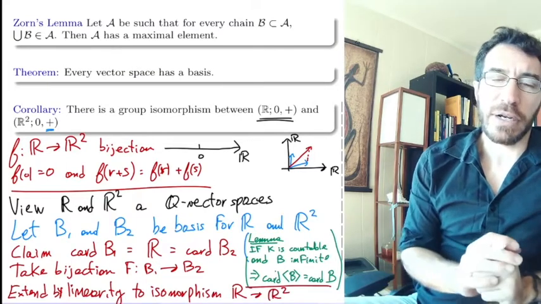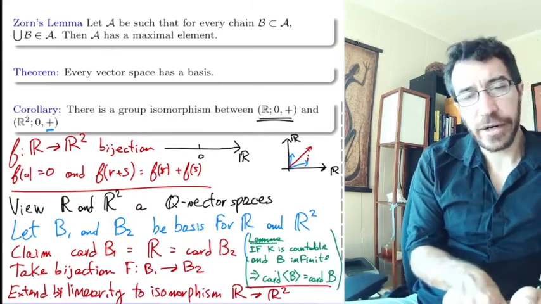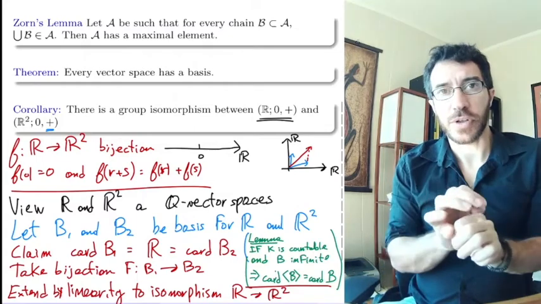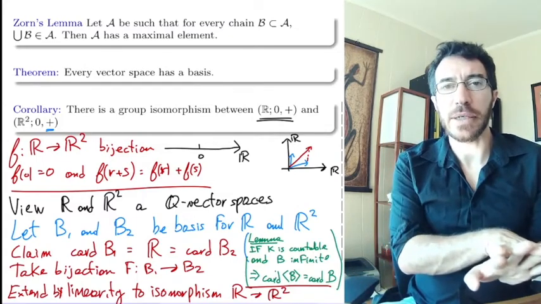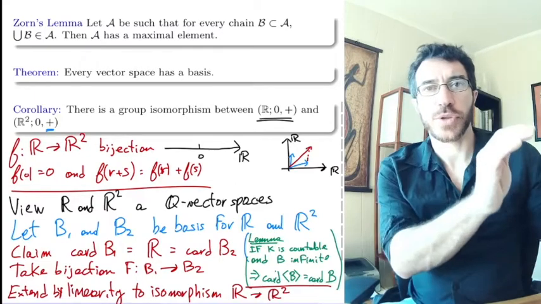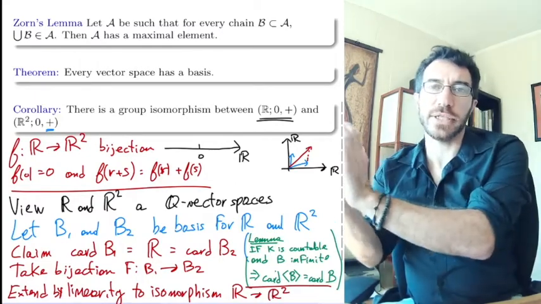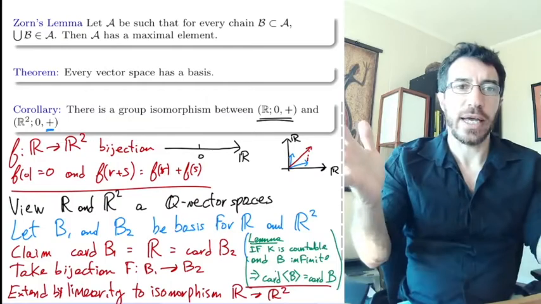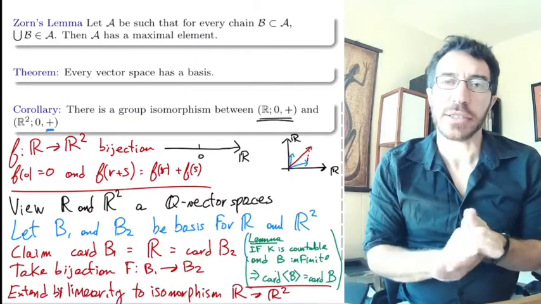Remember that since every vector in R is a linear combination over Q of the elements of B1, you map the elements of B1 through the bijection, and then use the same linear combination on the square side, and since they're both bases, you get an isomorphism.